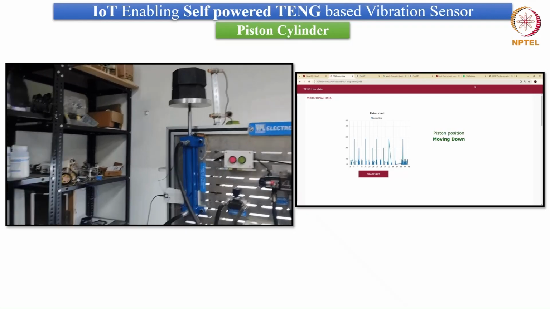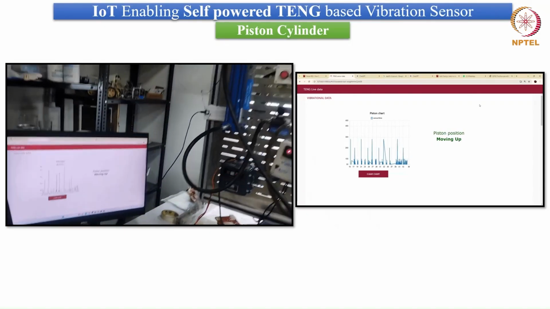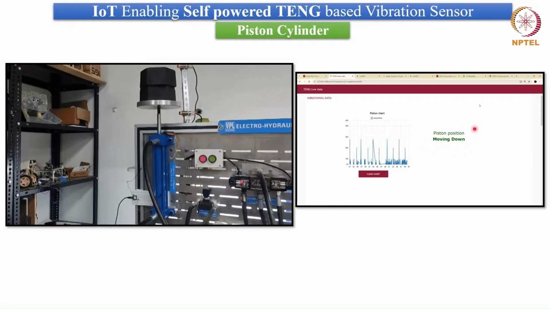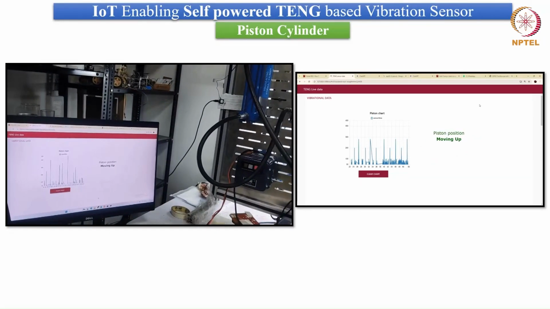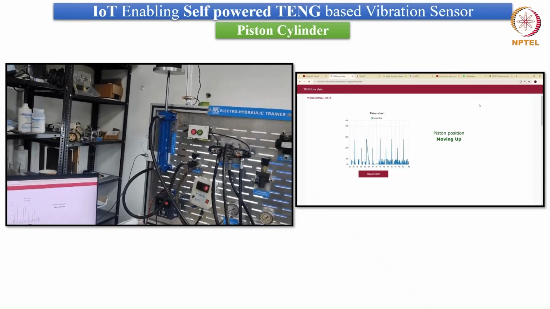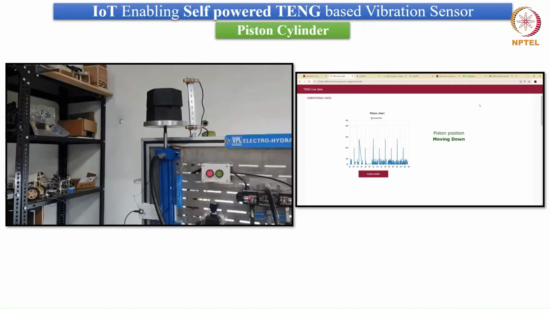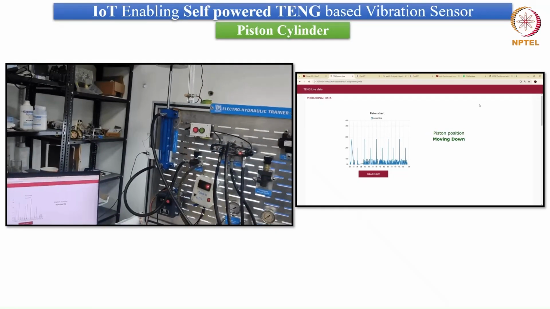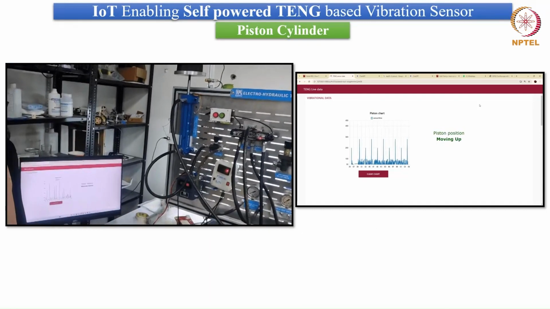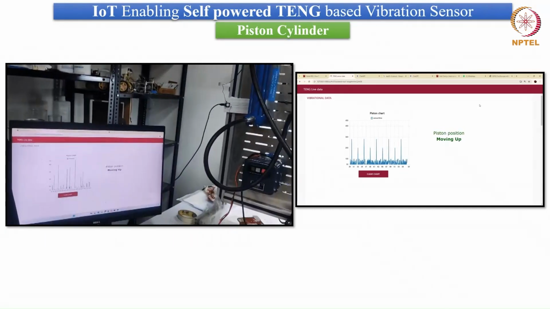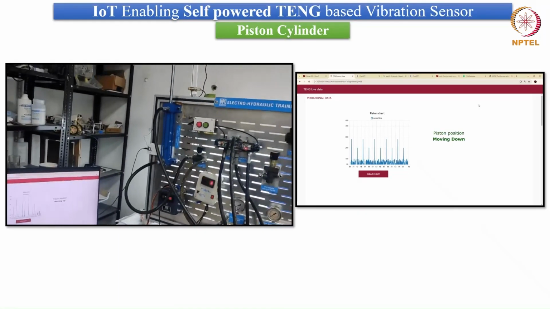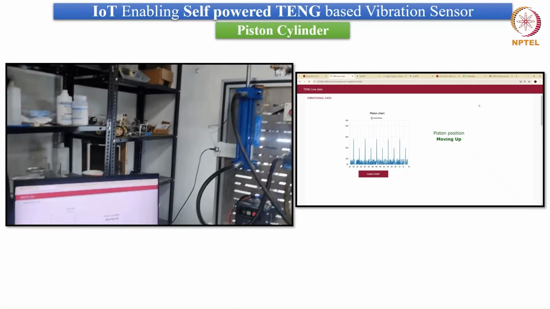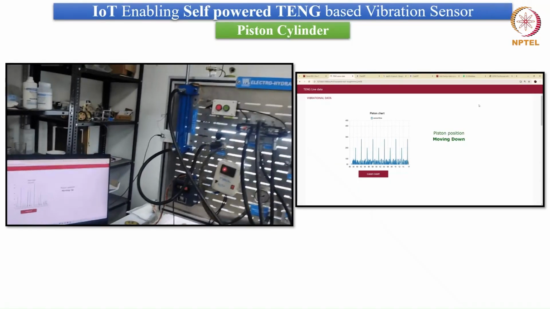Secondly, on the piston where we have integrated the TNG, we can detect when it is moving up, when it is changing its direction and moving in the downward direction. In this way, we are able to condition monitor the entire machine wirelessly without requirement of any external power supply. So these TNGs are very helpful as a power source and also as a sensor for vibration sensing application, pressure sensing application, and proximity sensing application in micro robotics.